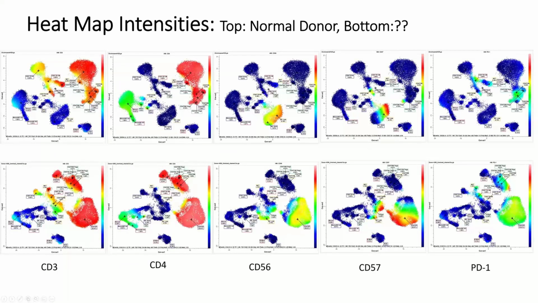If you want, you can go through all of the different heat map intensities, looking at these different populations. You can see that this is CD3 positive. This expanded population is also CD4 positive, partly 56 positive, partly 57 positive. So it's heterogeneous. And then PD1, quite a bit of it is positive for PD1.